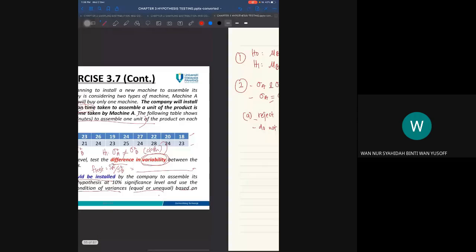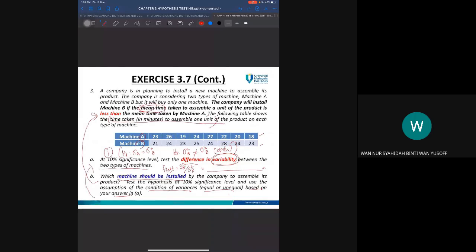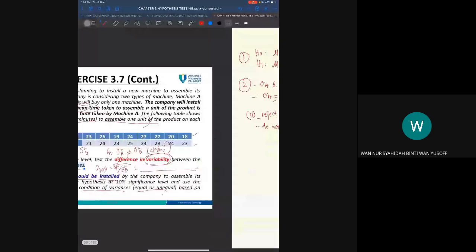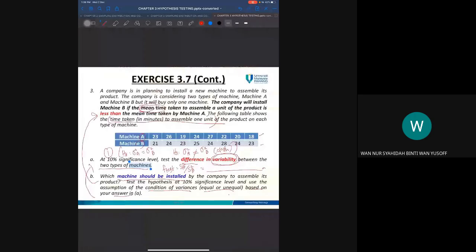So B depends on A. Question B depends on question A. So for the answer in B, there is no right or wrong. It is based on A, whether you accept equal or unequal. So it will follow the answer from A.